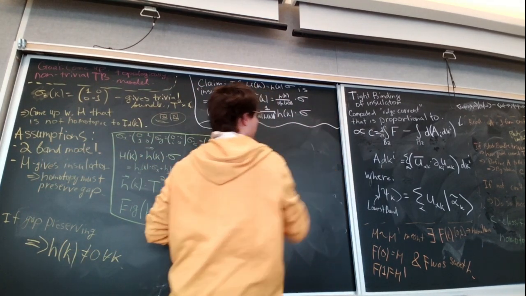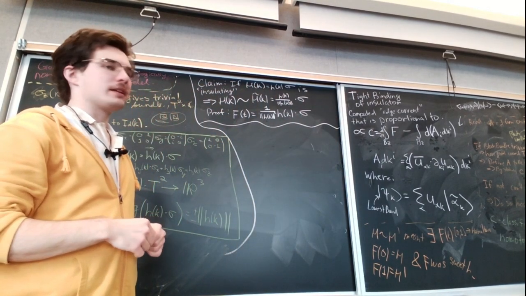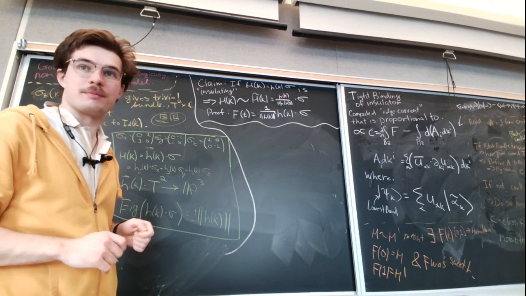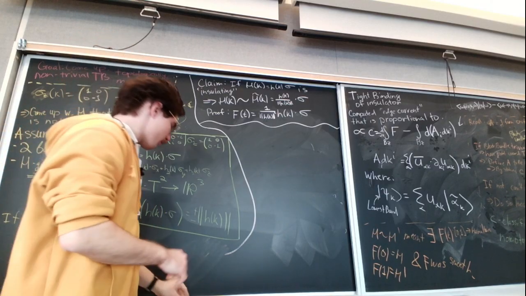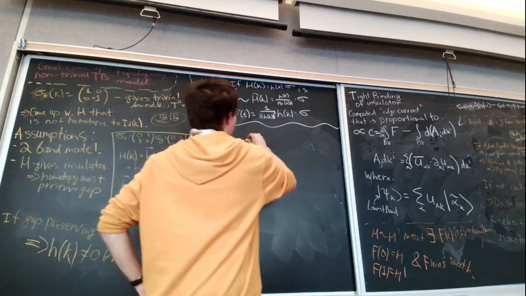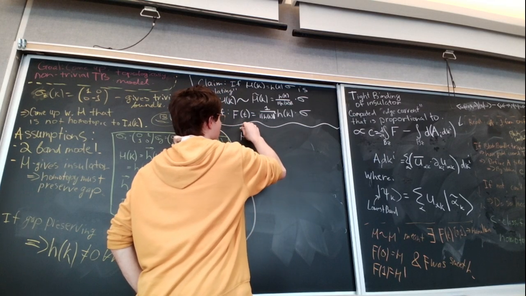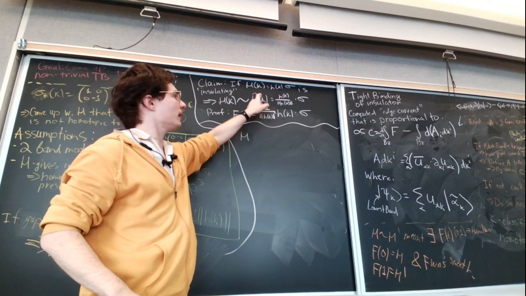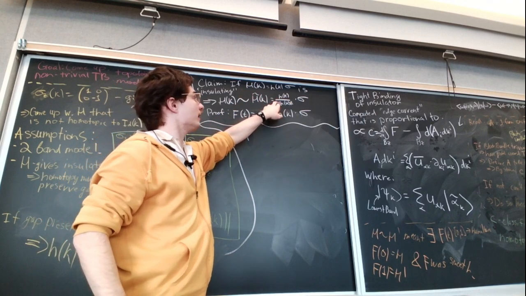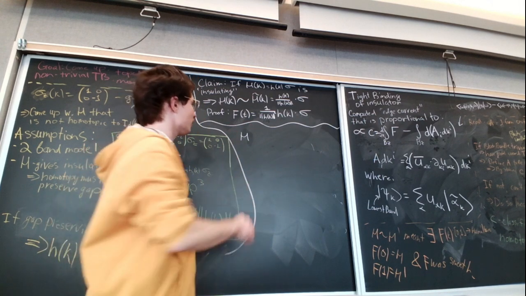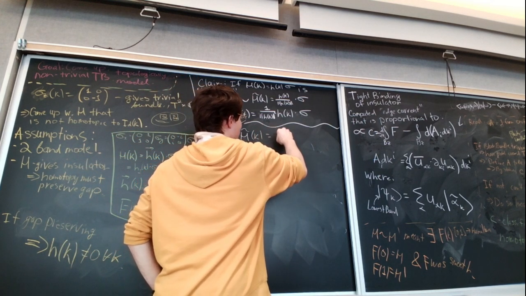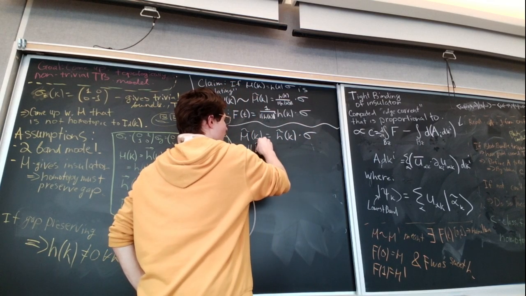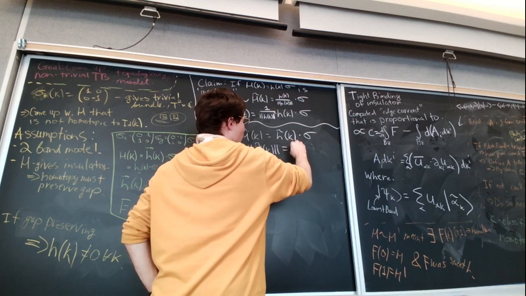So now, let's see what advantages realizing this gives us. Instead of studying h of k, let's study this h twiddle of k, where now the Hamiltonian is defined by some h of k dot sigma, where the norm of h twiddle of k is always equal to 1.